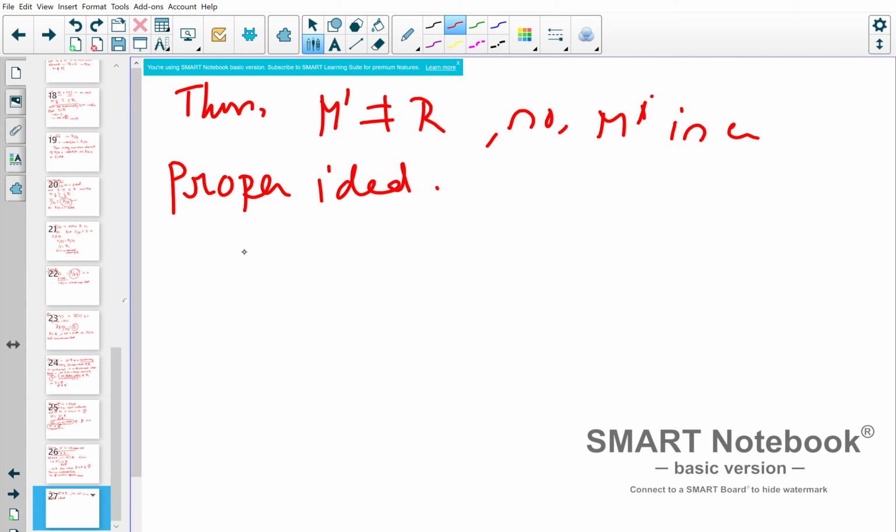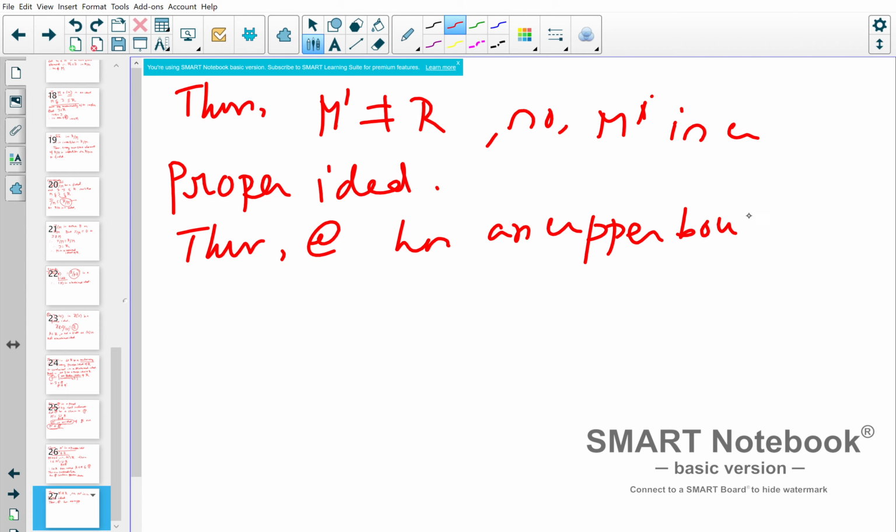So thus the chain C has an upper bound in P, right?